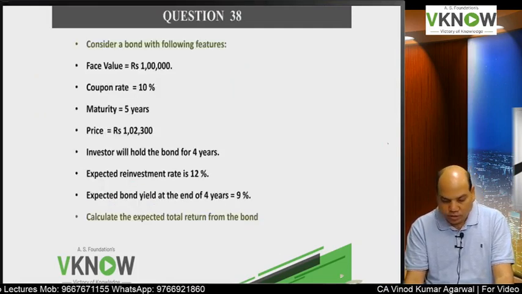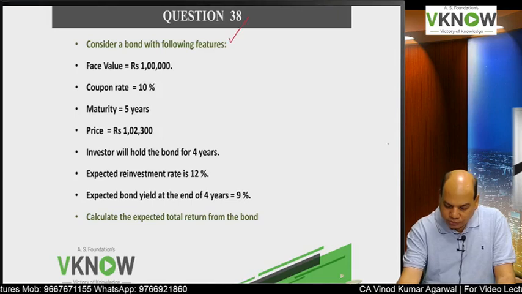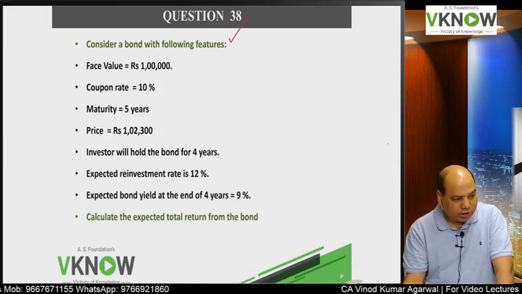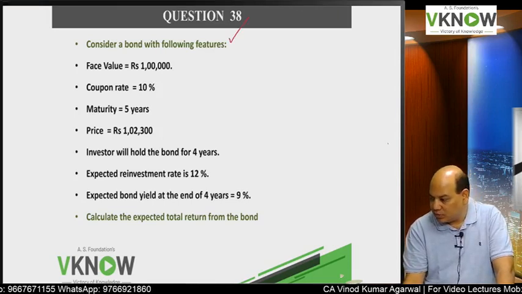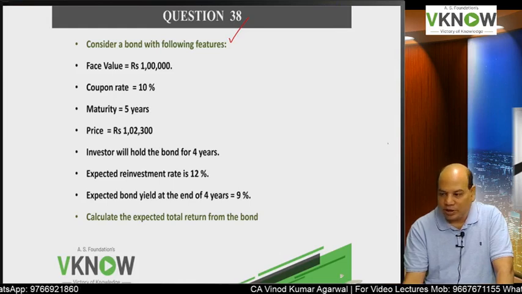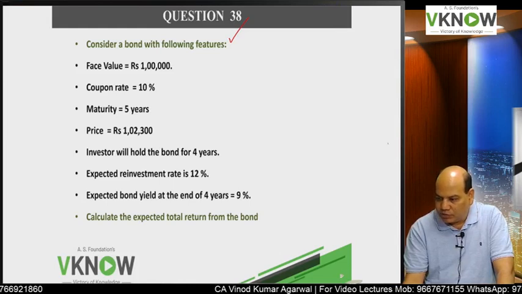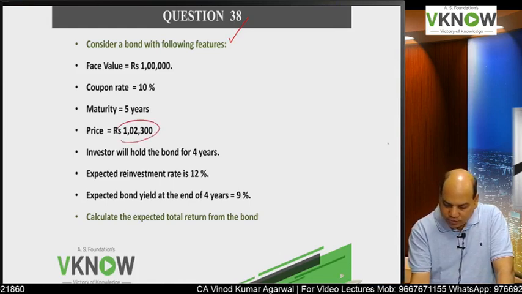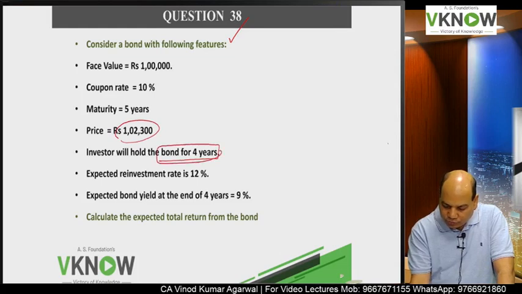Okay. One more practice we'll do. Question number 38. A little fast this time because it is a similar problem. Consider a bond with the following features. Face value 1 lakh, coupon rate 10%, maturity 5 years, price is 1,02,300. Investor will hold the bond for 4 years.